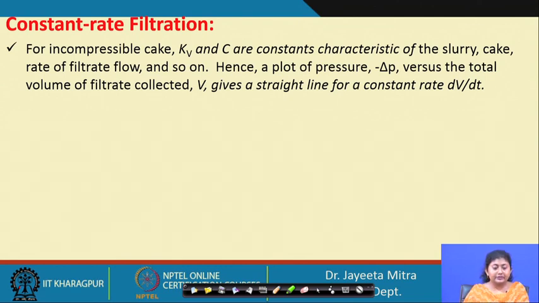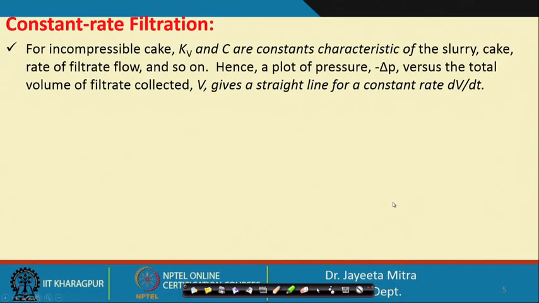In the previous case, the constant pressure filtration, t by V was plotted against V. Now, since we are dealing with constant rate filtration, the pressure drop varies with the volume V, so we plot that to get a straight line.